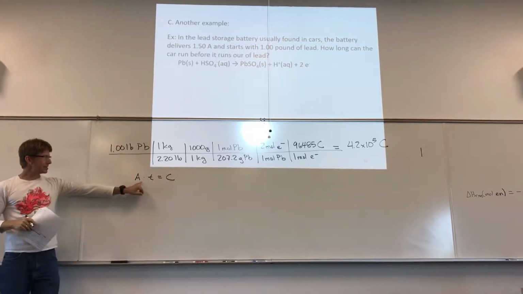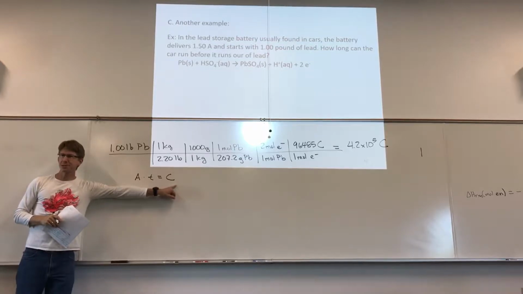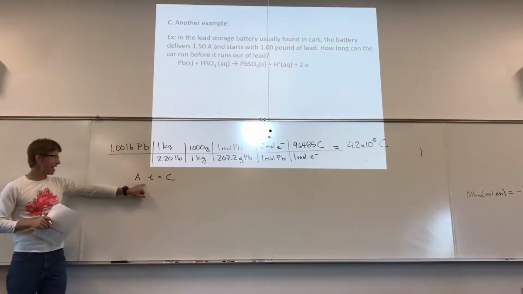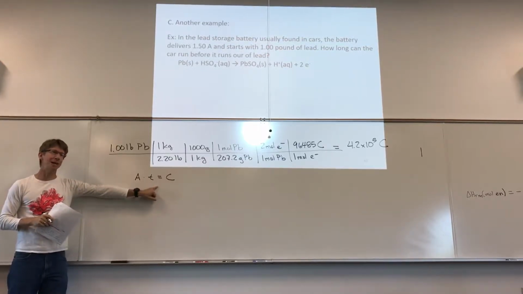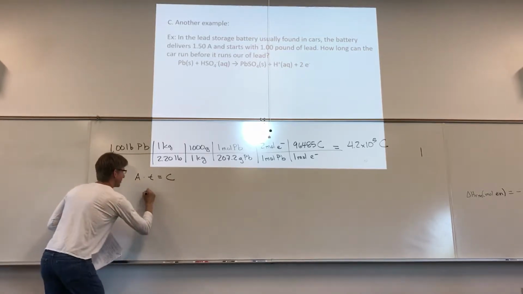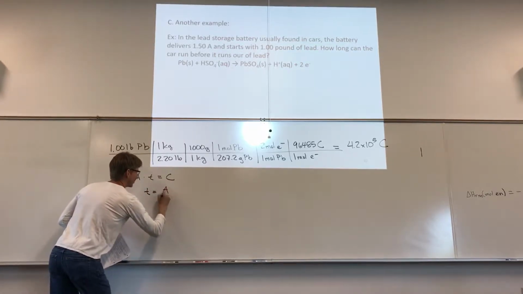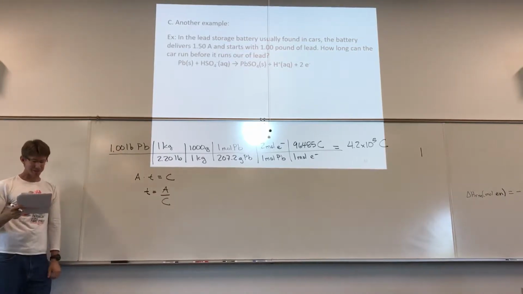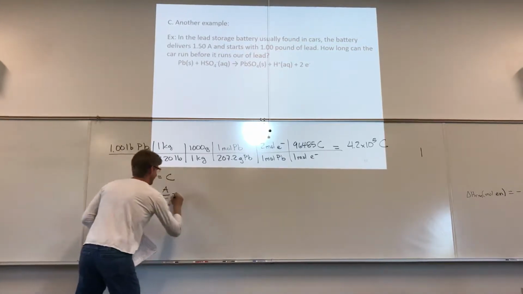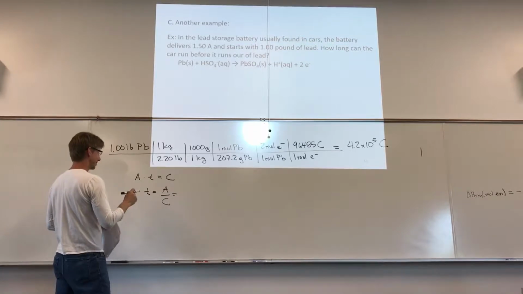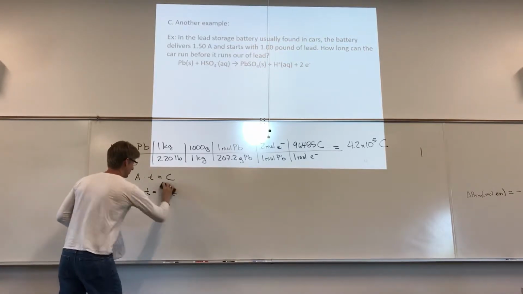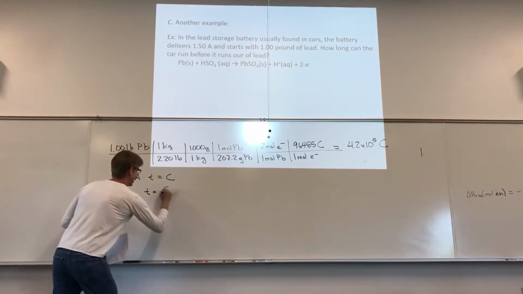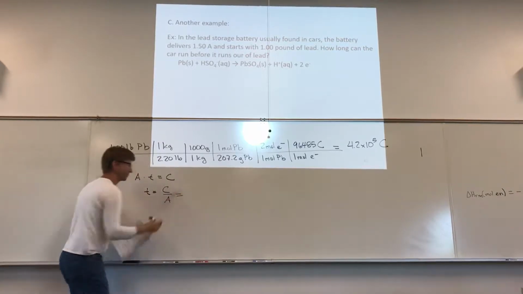And then amps times time equals coulombs. We have our coulombs, we have our amps. We're going to solve for our time. I will rearrange this. Didn't even check my notes to do that. Oh, I did that wrong. That's why I should check my notes. Oh my God. Let's try that again. There we go.